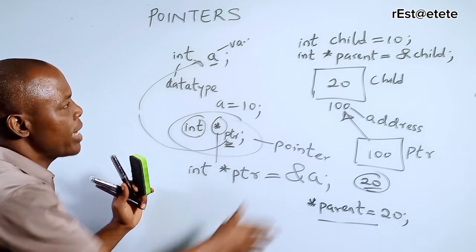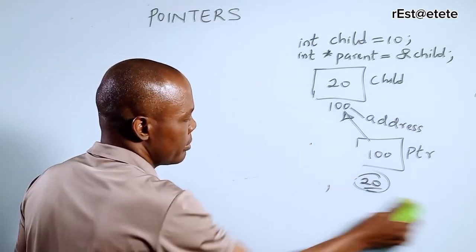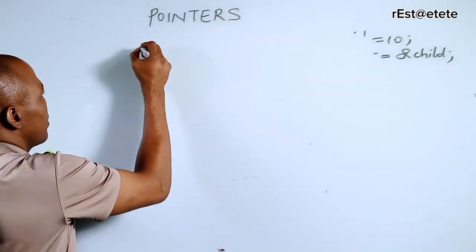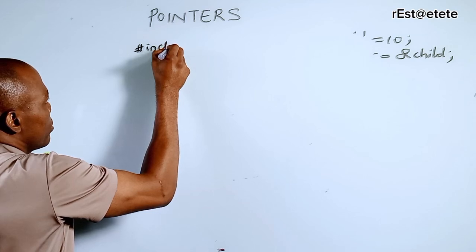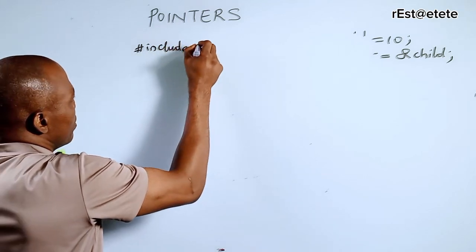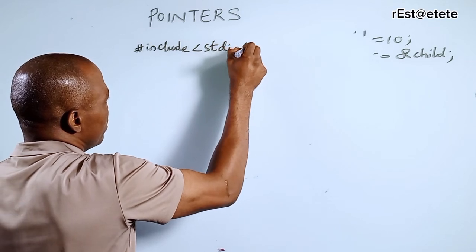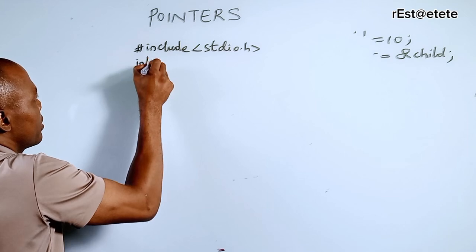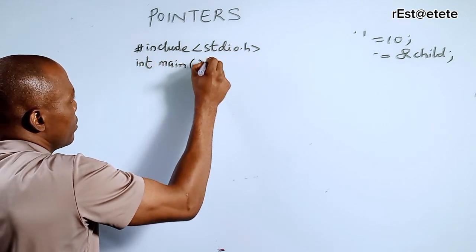So assuming I want to write this program properly, all I need to do is this. Hash include stdio.h for the sake of my printf function. Then I'll say int main, a function.